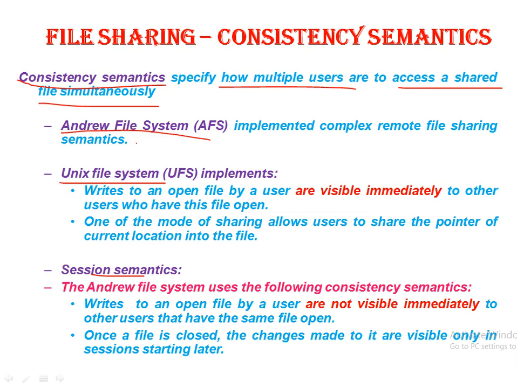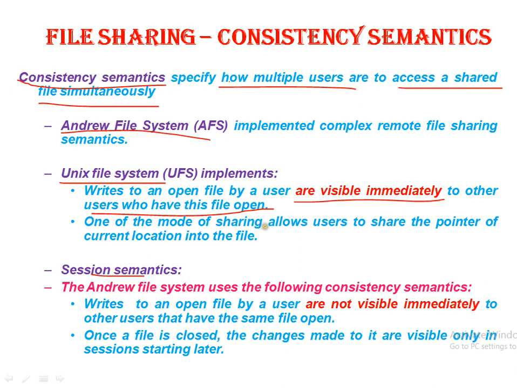Next, what do we mean by Unix file system semantics? In Unix file system semantics, whenever a write operation is done to an open file by a user, it will be visible immediately to other users who are using that particular file.